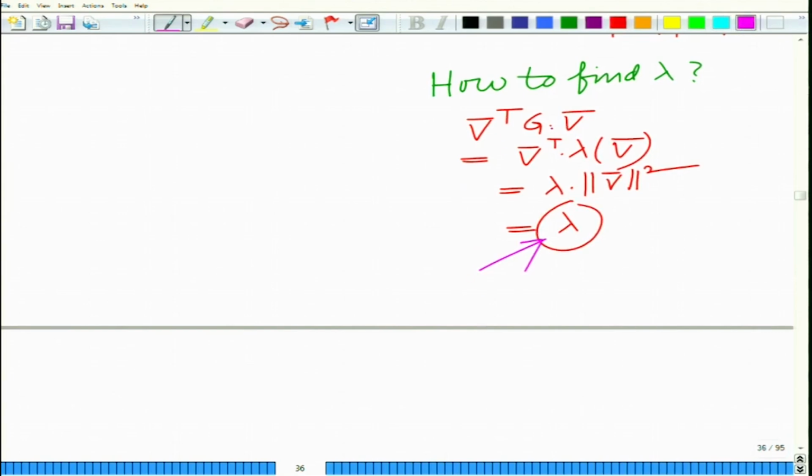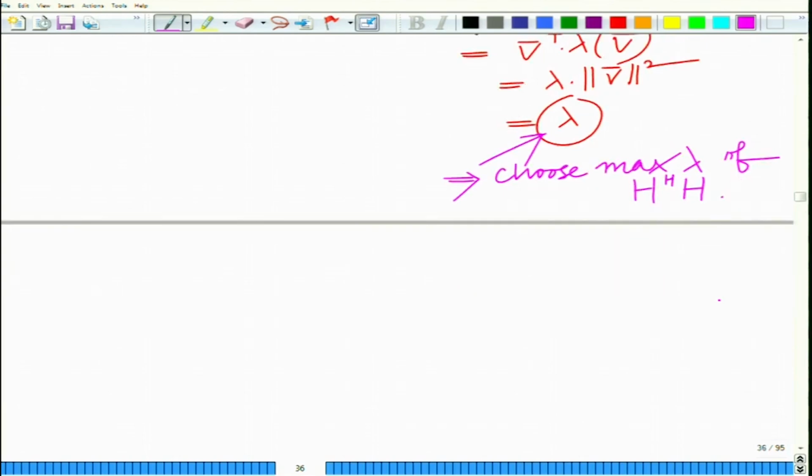We want to maximize V bar transpose G V bar, which implies choose the eigenvector corresponding to the maximum eigenvalue of H Hermitian H. That is, we can denote this by lambda max of G, which is lambda max of H Hermitian H, since G is H Hermitian H.